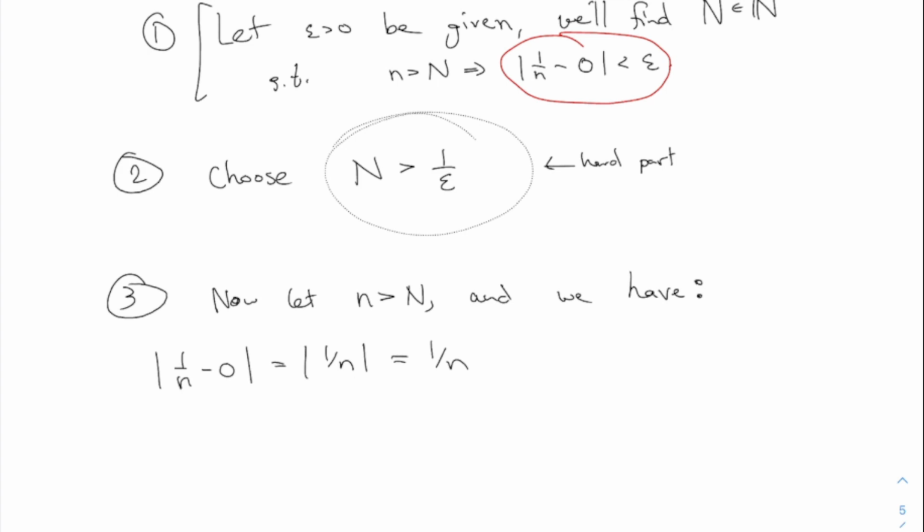Yeah? Yeah, because n is a natural number, that is legal. Now, if this had said 1 over 1 minus n, you've got serious problems. But n is a natural number, that is, it's a positive number, and so you can do that. All right?